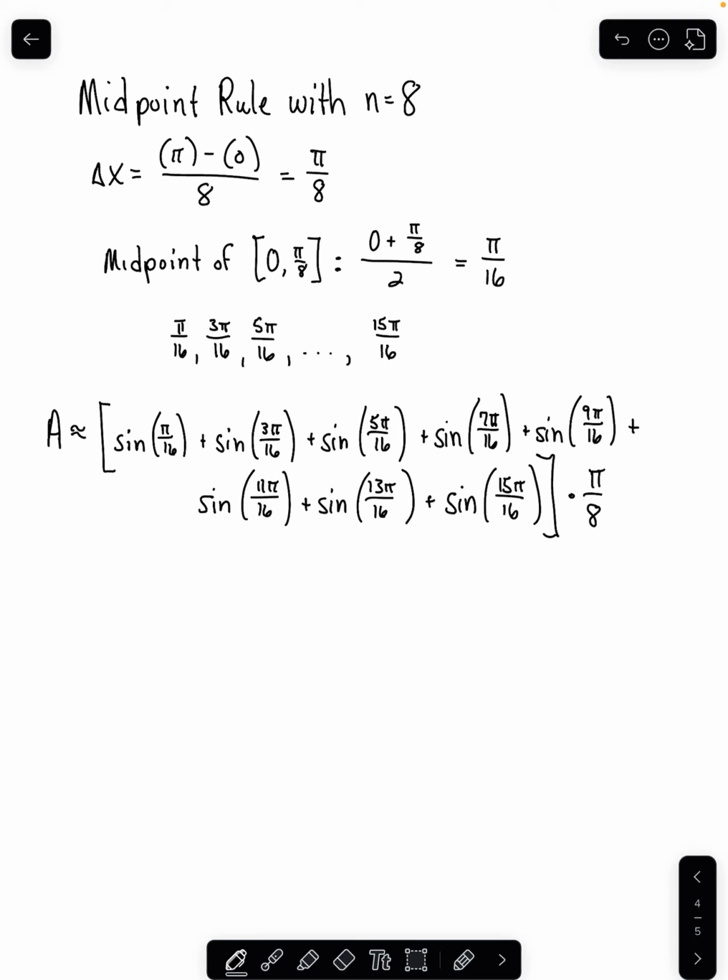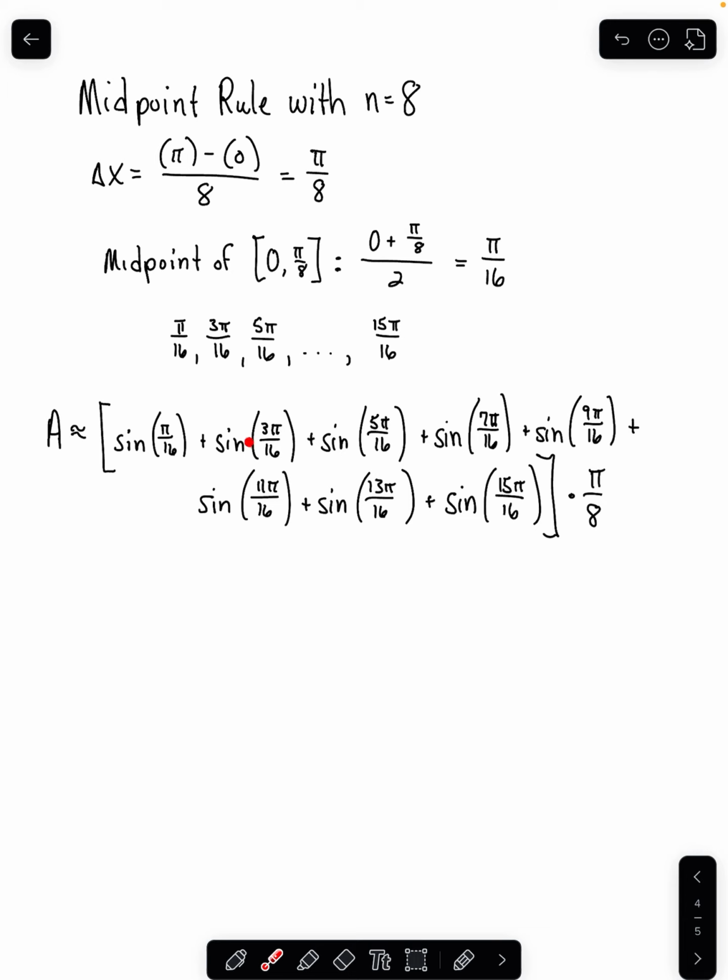Now again, if you realize that there is some symmetry here, you can simplify this by combining some of these terms. For example, pi over 16 is symmetric to 15 pi over 16. So those two sine values are going to be equal to each other.